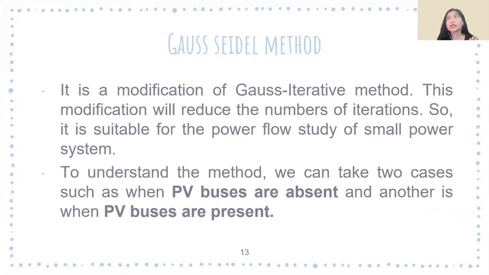In the next episode, we are going to further understand why there are two cases for the Gauss Seidel method. But today, it is enough to know that we have two cases, where the PV buses are present and where the PV buses are absent. With each case, we are going to apply different conditions.